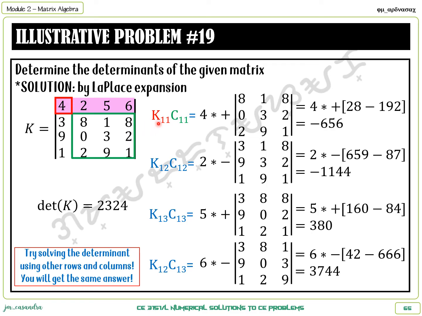So what you will have is E11, E21, E22, E23, and E24. Then consider its equivalent cofactors. So once you have solved it, you have to be able to get the same value of 2324. Okay? So let's solve another example.